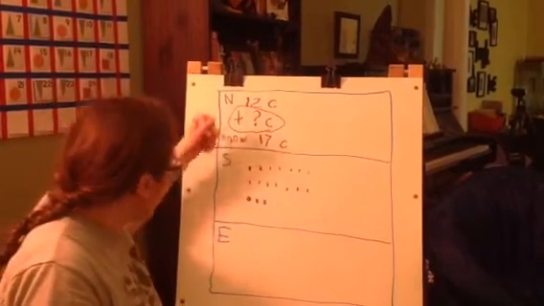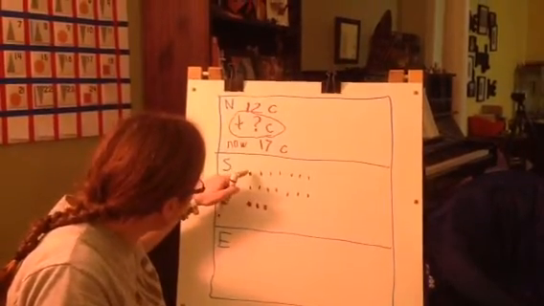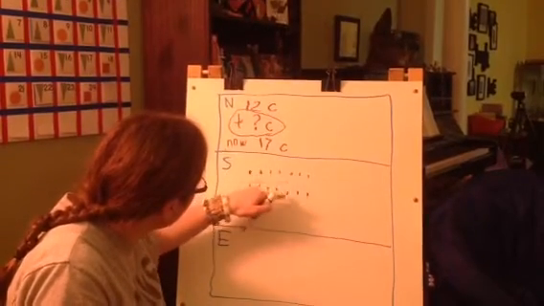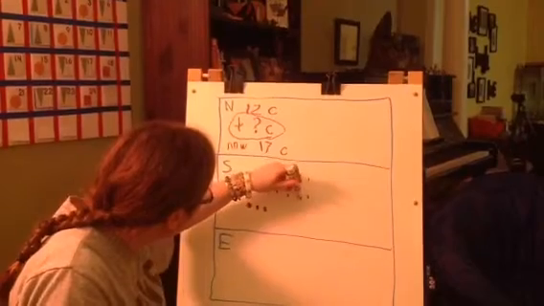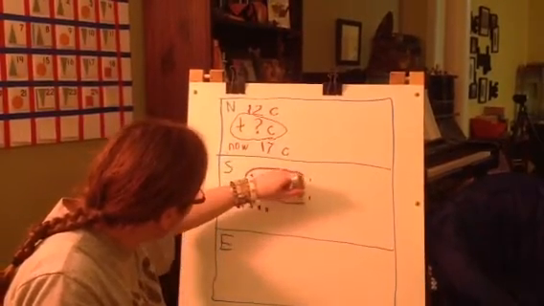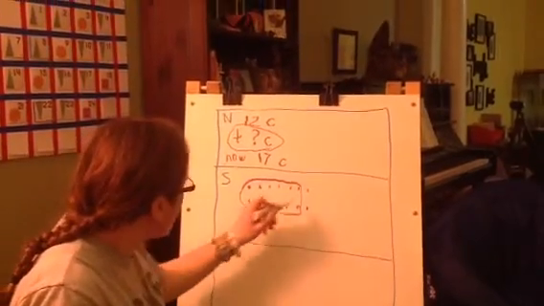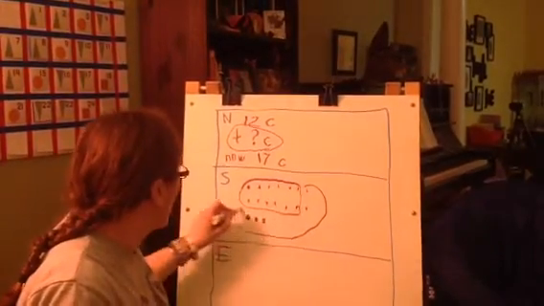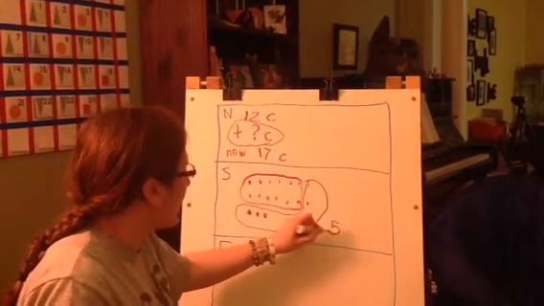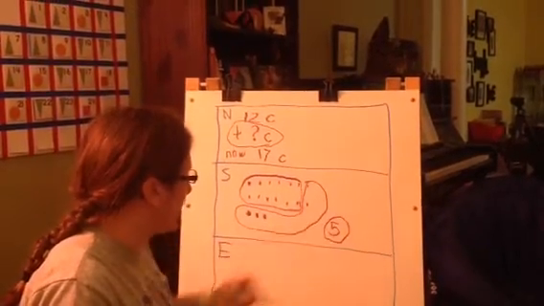And Miss Drass had 12 cupcakes to start with. 1, 2, 3, 4, 5, 6, 7, 8, 9, 10, 11, 12. These are the cupcakes that Miss Drass had to start with. So these are the cupcakes that Luke brought. Luke brought 5 cupcakes. 5 is my answer.